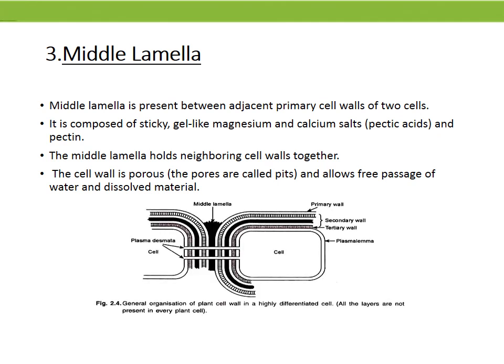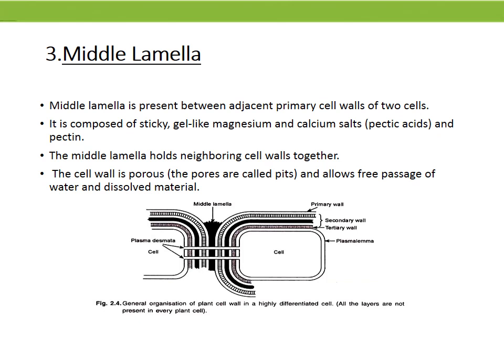Middle lamella. It is located between the double cell wall of adjacent cells. The middle lamella is the first layer of the cells to be formed. Being the outermost layer, the middle lamella acts as the part that binds adjacent cells. It is composed of sticky gel-like magnesium and calcium salt, pectic acids and pectin.